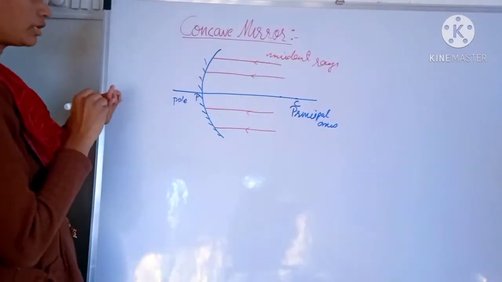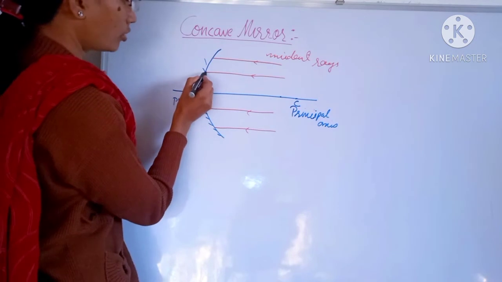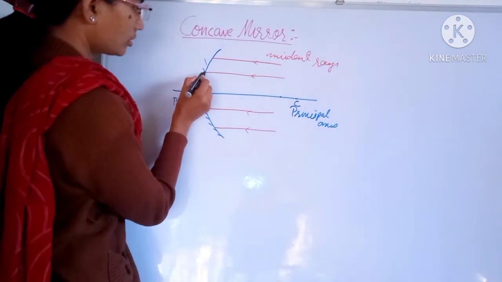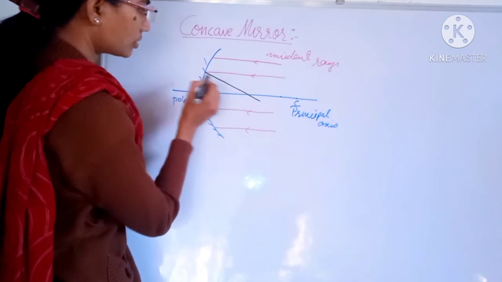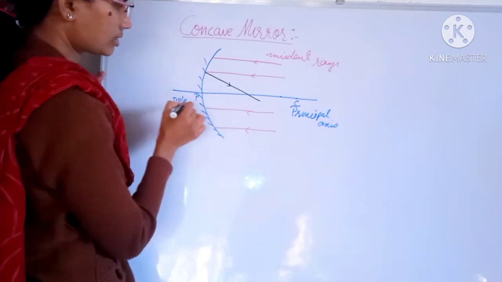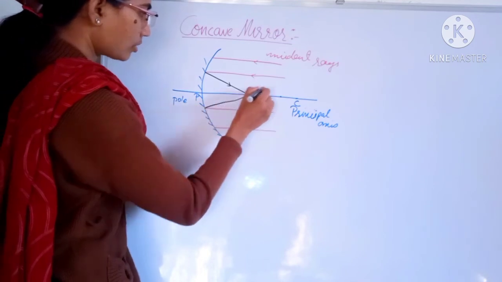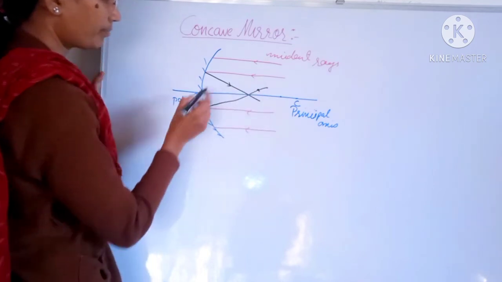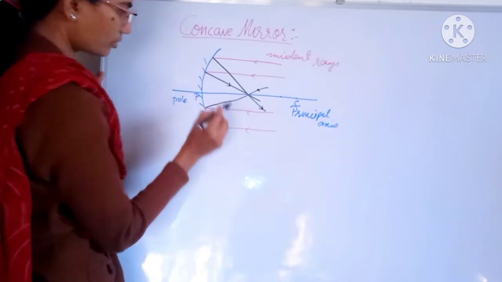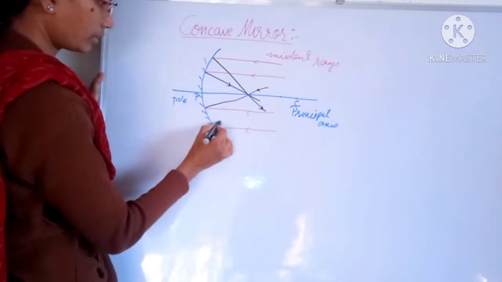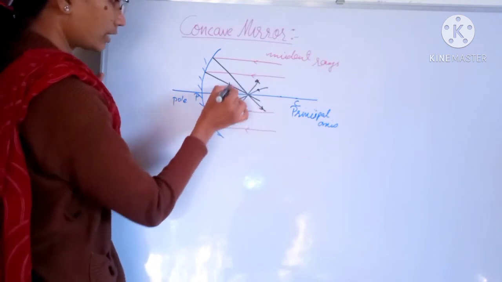Now after reflection, as I have explained to you, they are going to follow the laws of reflection. So they are going to reflect like this. This is the first ray. Similarly, the second ray is also going to reflect in this way. The third ray is going to reflect like this, and the fourth ray is going to reflect like this.